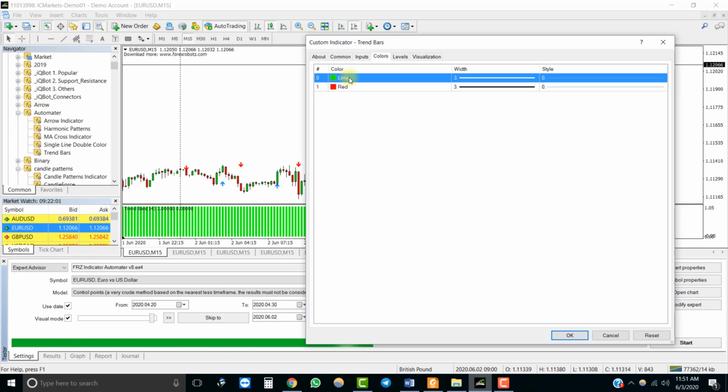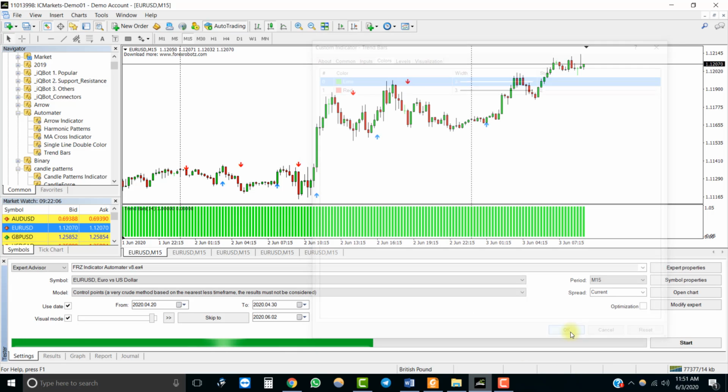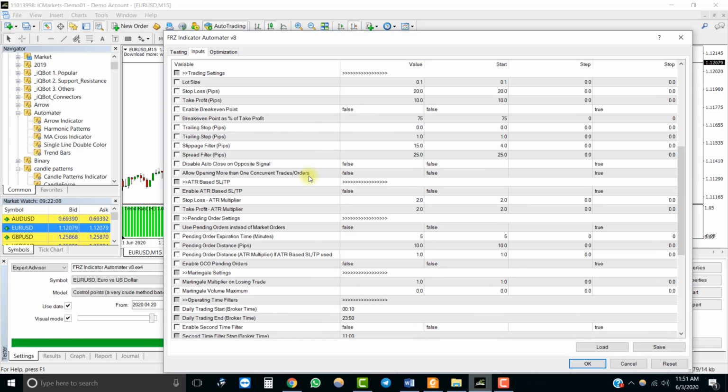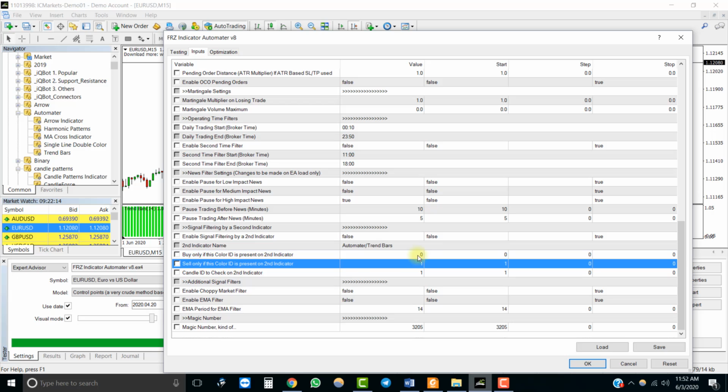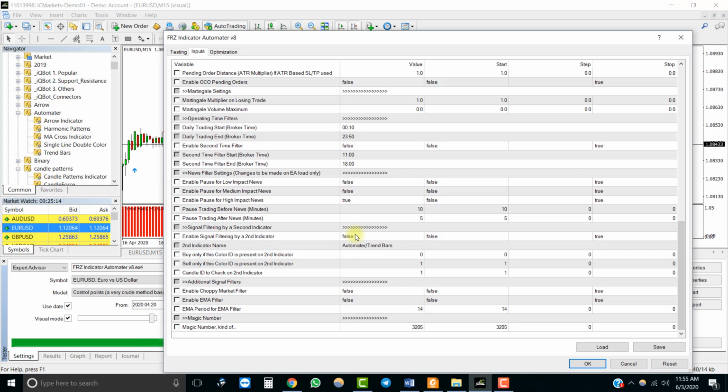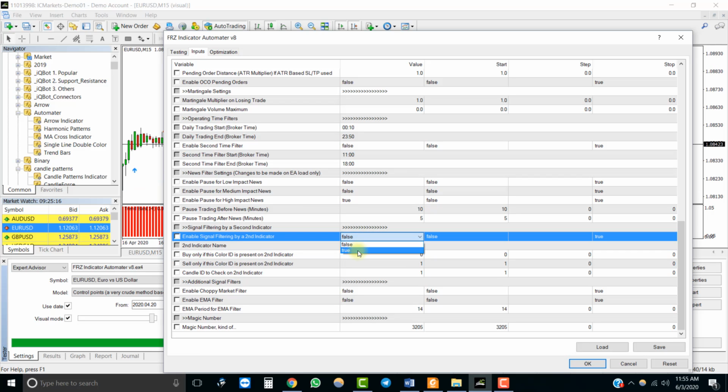Then update its buffer numbers or color IDs for the filtering. Also don't forget to enable the signal filtering by the second indicator. Now let's run the backtest.